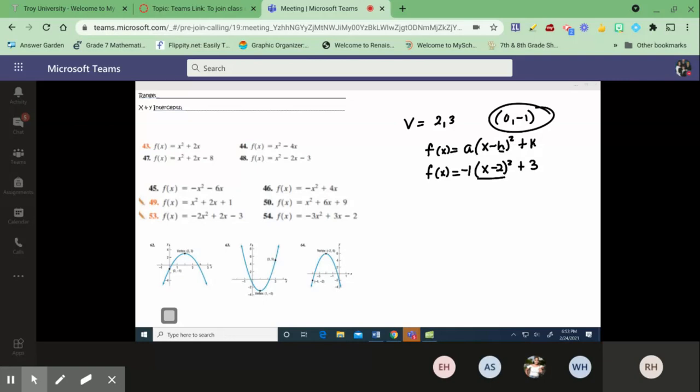FOIL out, I've got negative 1 times x squared minus 4x plus 4 plus 3.